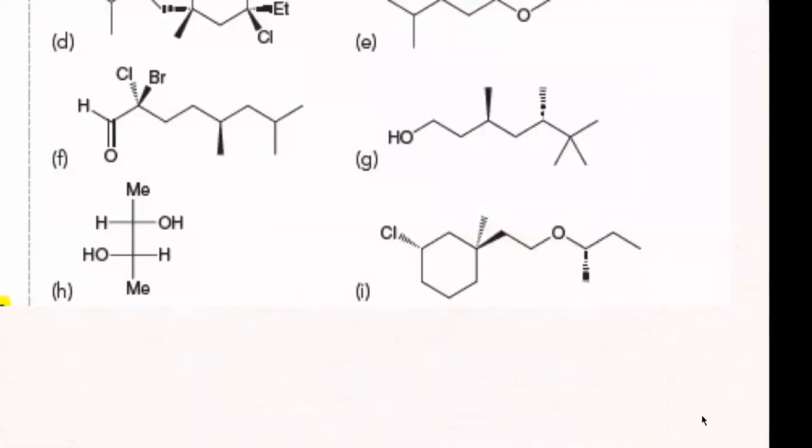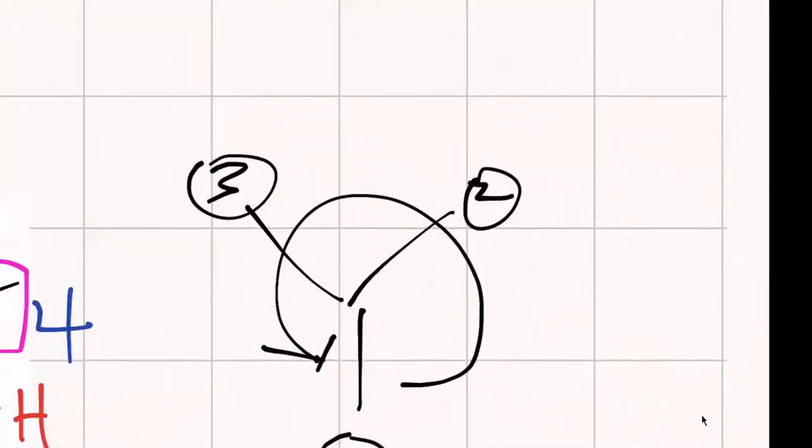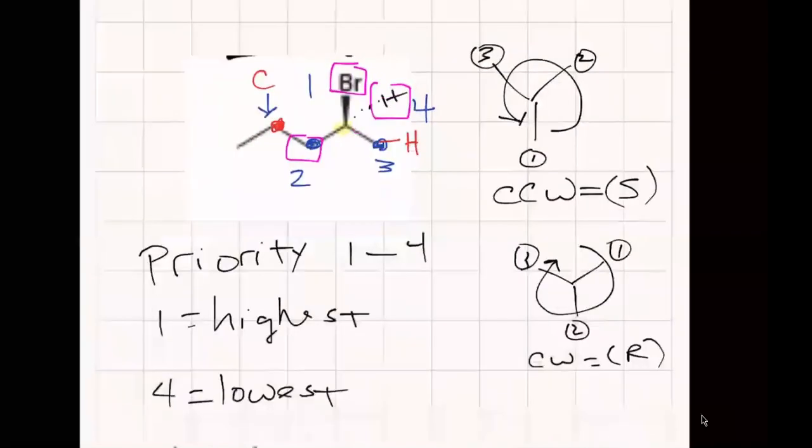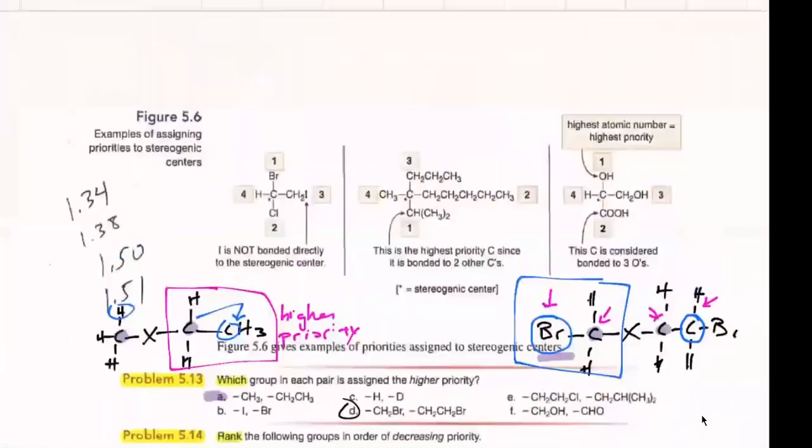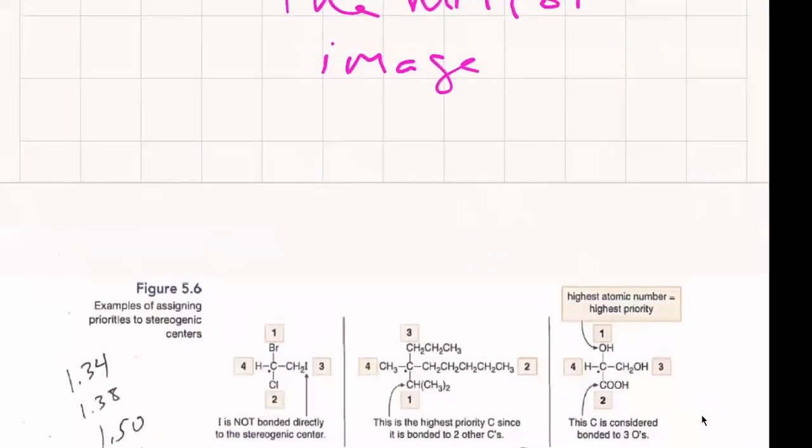I'm going to put that on a new page and walk it down, and then introduce you to another idea, and then we'll come back to the Fischer projections. We're not moving too fast, are we? Let me know. No, I think we're okay.